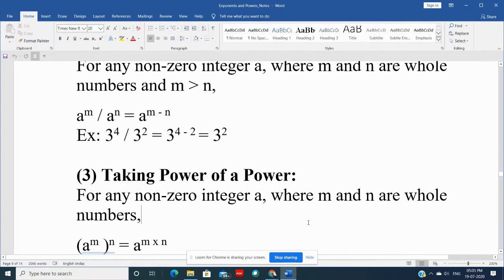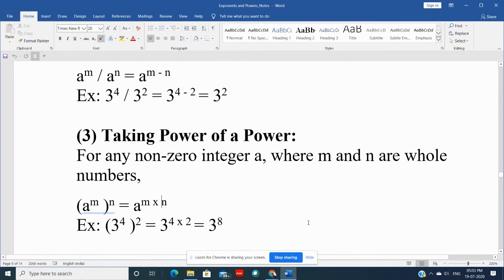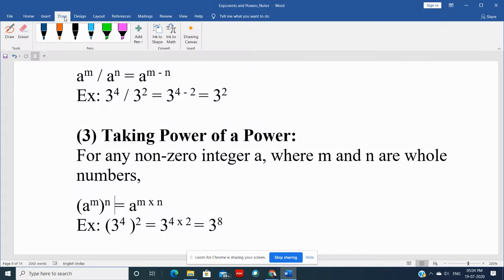Now, the third one is power of a power. Sometimes you see a raised to m and the whole raised to n, which means there is power of a power. What you have to do is just multiply these two powers, because there is just one base, so you multiply m into n.